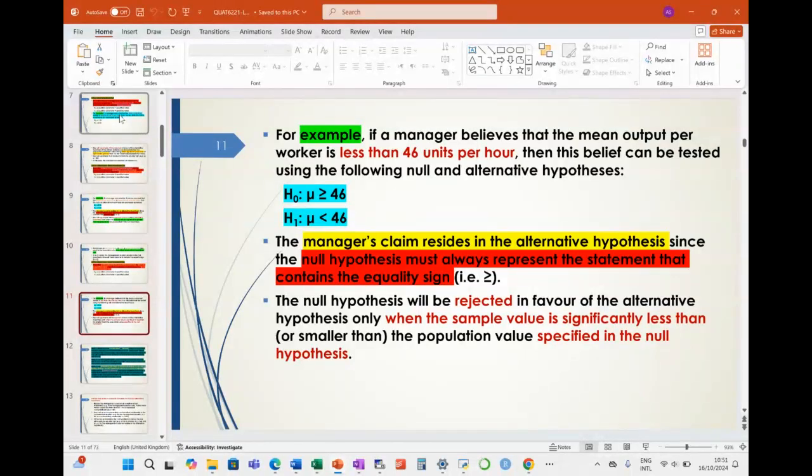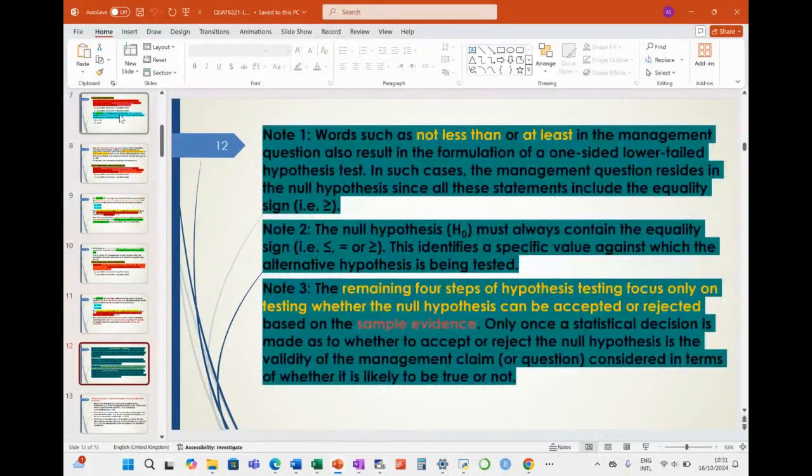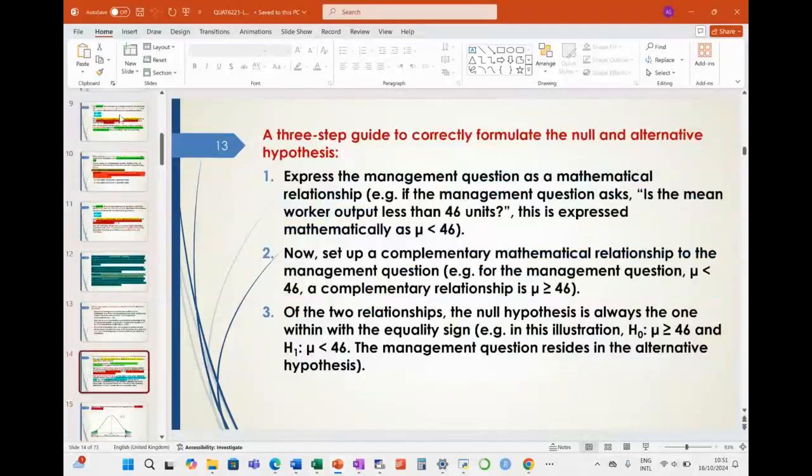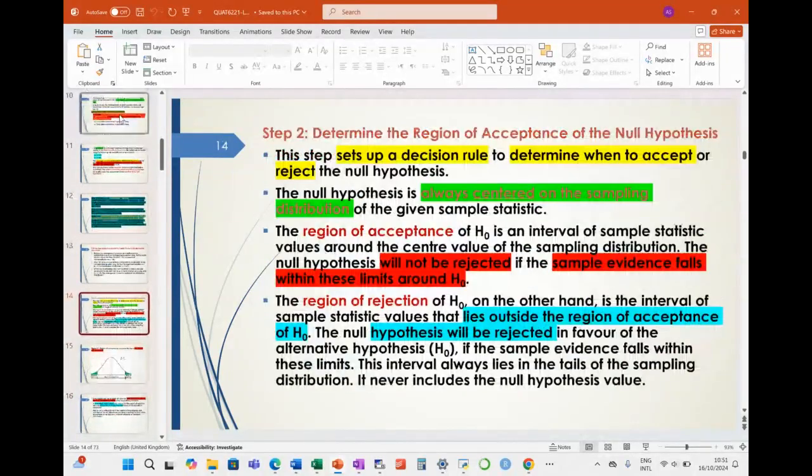Now here, let me go on to the region. So here, how do we establish the region of acceptance? In other words, how do we know when to accept or reject the null hypothesis? We have to set up a region of acceptance, and within the question, they will always tell you that you must have a certain level of confidence.